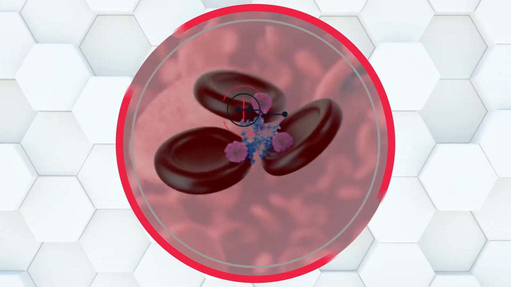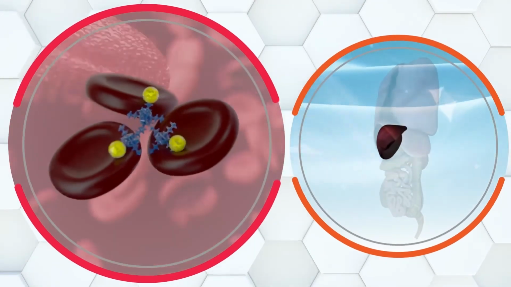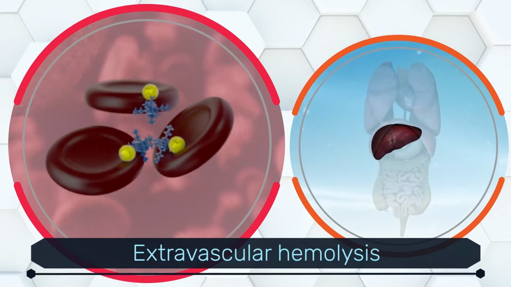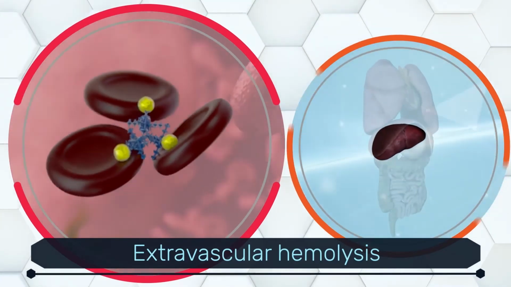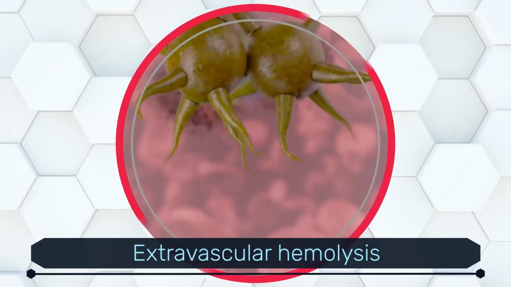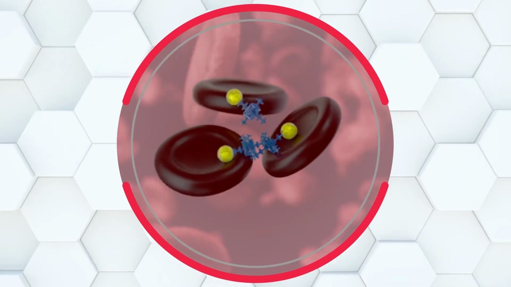Next, complement C3b binds to the red blood cells, marking them for destruction, which may occur in either of two different ways. The first way is that the marked red blood cells undergo phagocytosis in the liver, where monocyte macrophages cause extravascular hemolysis. This is the primary way red blood cells are lost in CAD.